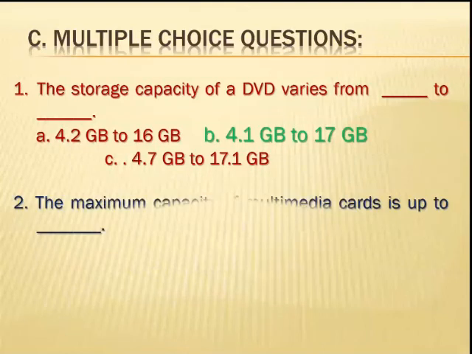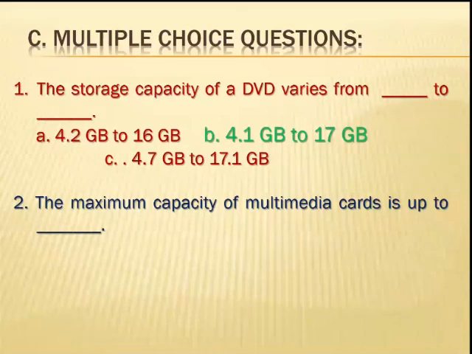Second one: the maximum capacity of multimedia cards is up to dash. I have already told you what a multimedia card is. It is a flash memory card used to store data on portable devices like mobiles. In mobiles also we have a multimedia card, SD card.